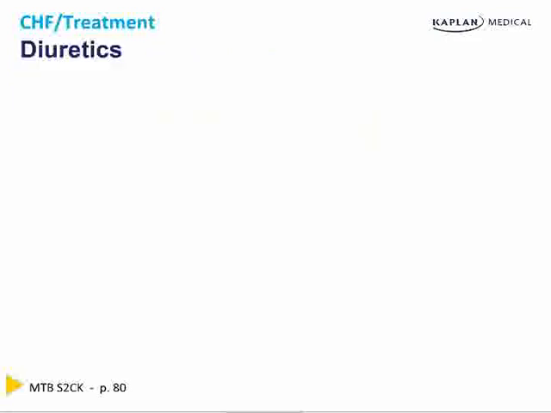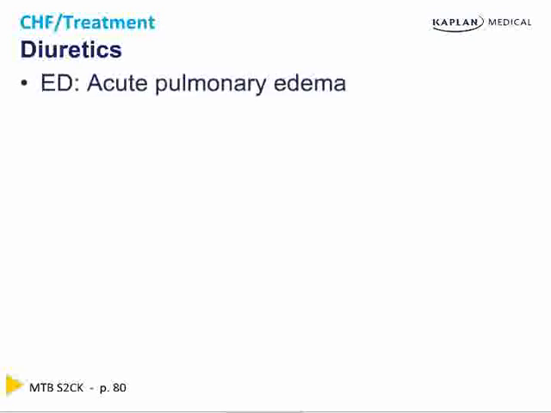Diuretics have been a mainstay of fluid overload for the last 60 years, and it's going to stay so with acute pulmonary edema. Diuretics are the most useful in emergency management of acute pulmonary edema. A person comes with rales, tachypnea, jugular venous distension, acute shortness of breath, hyperventilation. Oxygen, a diuretic is first therapy.